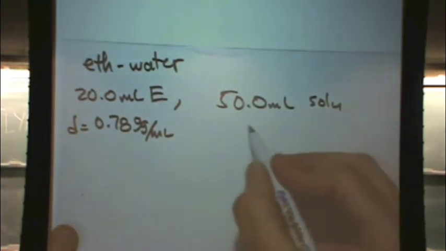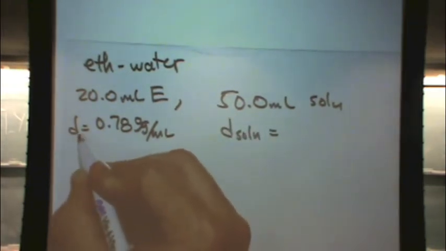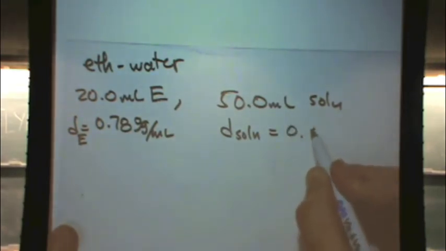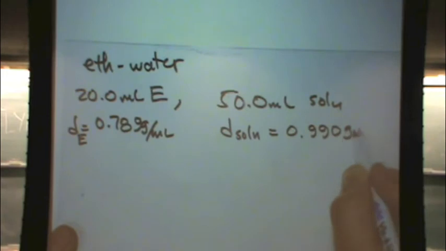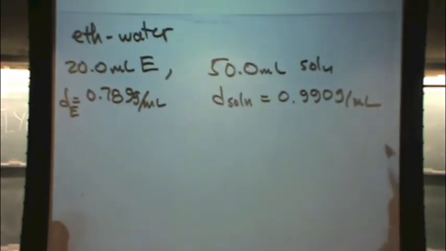And the solution has a density, so this is the density of the solution, not ethanol. This one's of ethanol. The density of the solution, now that it's mixed up, is 0.990 grams per milliliter. For this solution, calculate each of the following. Okay, 3 sig figs, etc.